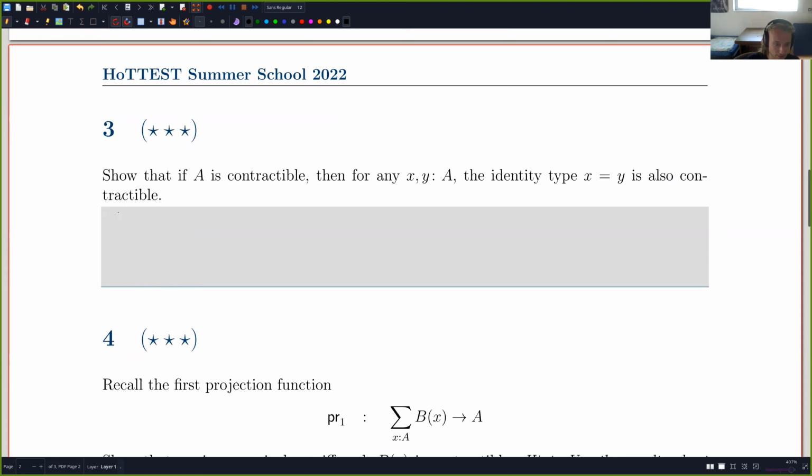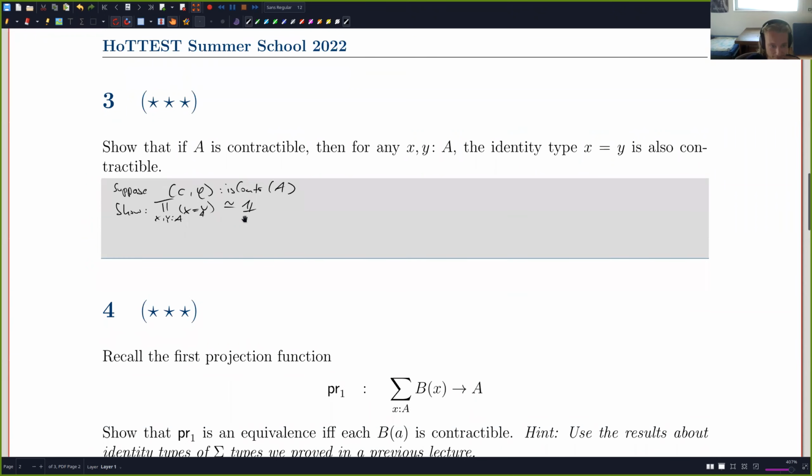So we assume, again, suppose we have a center of contraction c and some contraction phi. And we want to show that for all x and y in A, x equals y, this identity type in A, is equivalent to the unit type.